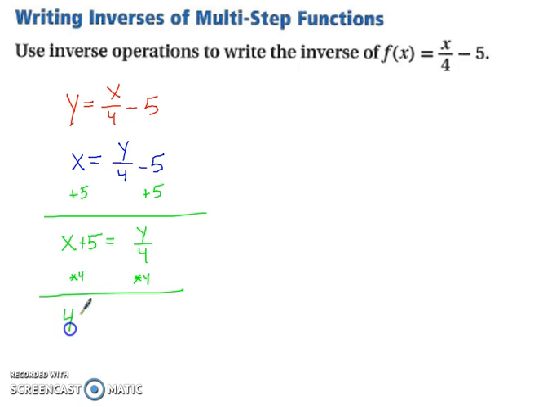And that leaves you with 4 times x plus 5 equals y. Rewrite it just so that everybody knows this is the inverse function. So we have f inverse of x is 4 times the quantity x plus 5.